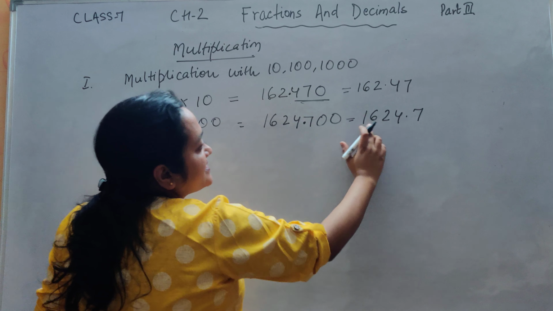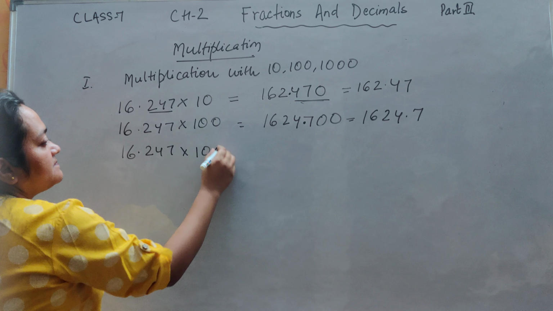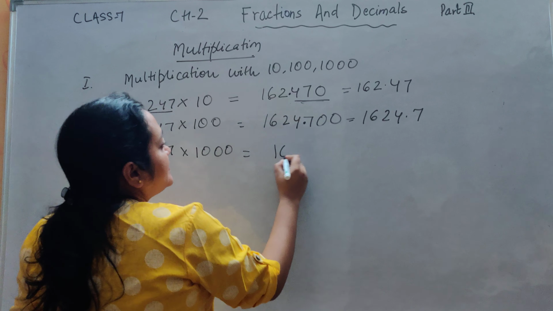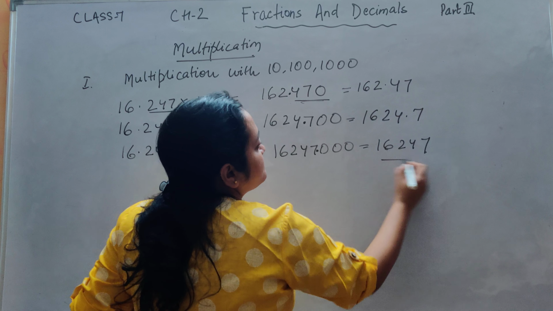What if I multiply the same number by 1000? In that case my result will be 16247.000 or 16247.